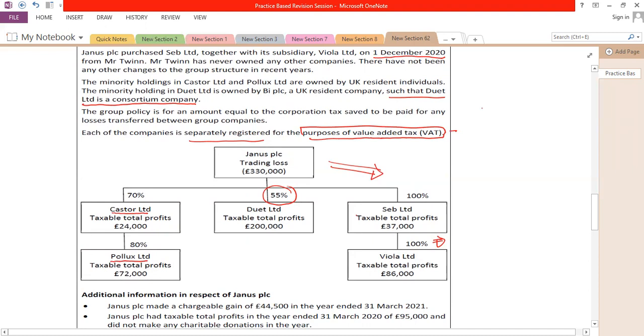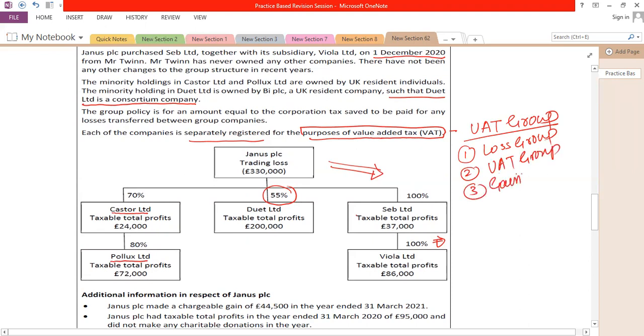The examiner might ask you in the group setting, that is a VAT group. So you should remember these three things. Number one, a loss group. Number two, a VAT group. And number three, a gain group. All the conditions you must know. These are important areas, right?